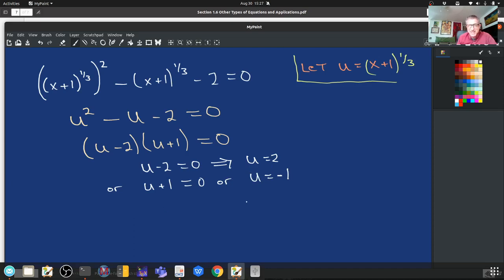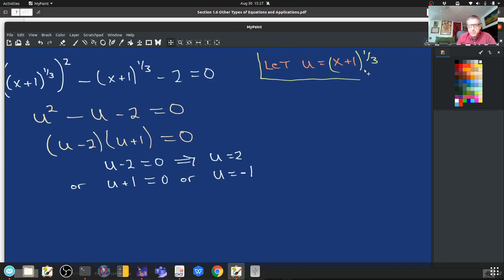Okay, but I'm not done, because our original equation is in the variable x, and I have a solution in u. But that's when we come up here and we use this bit of information. Let u be x plus 1 to the 1/3. So here we go. I'm going to take two different cases. I'm going to let u be equal to 2. So 2 is equal to x plus 1 to the 1/3. So how do we solve that?